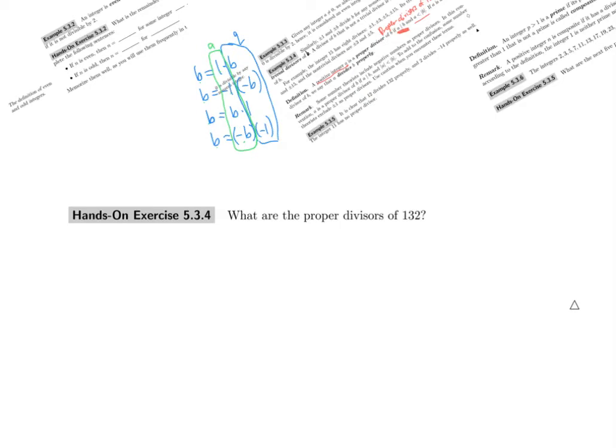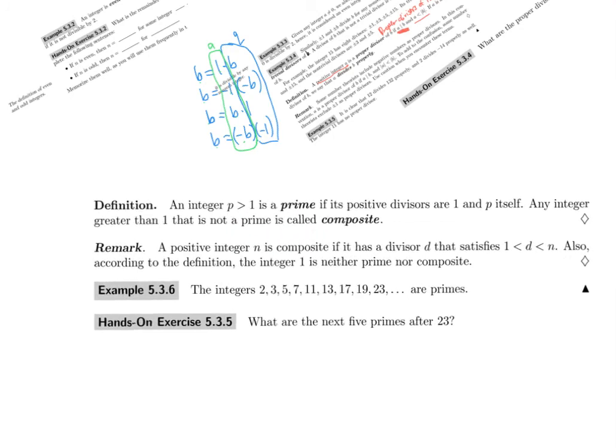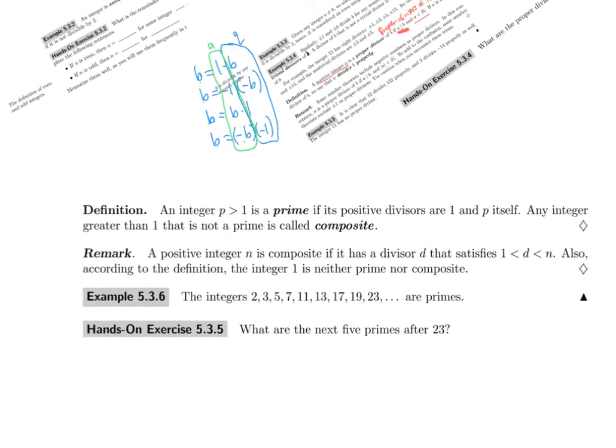Okay. So we want to take the ideas we've been talking about so far and continue applying them to ideas we've already worked with. Another definition that is important for us to work with is prime and composite. We've talked about those before, you've worked with them before.